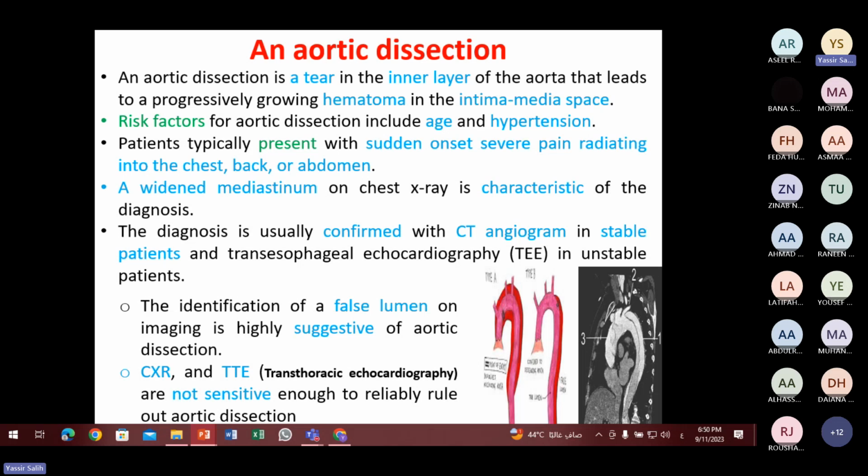As we said, we can do a chest X-ray and find widening of the mediastinum. Transthoracic echocardiography can also demonstrate this, but it is not sensitive and can miss many patients.